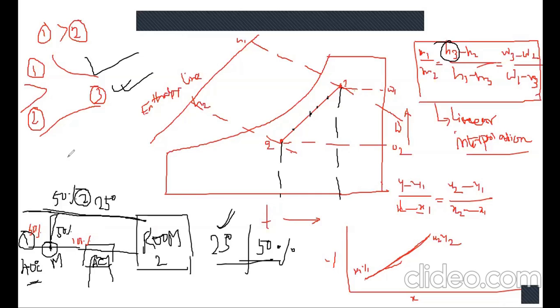So what will happen? The first time, when you send 40 degree outside air to the AC, what is the temperature difference? 40 degrees to 25 degrees. The capacity of the AC is m Cp dT: mass of air, Cp of air, and dT.